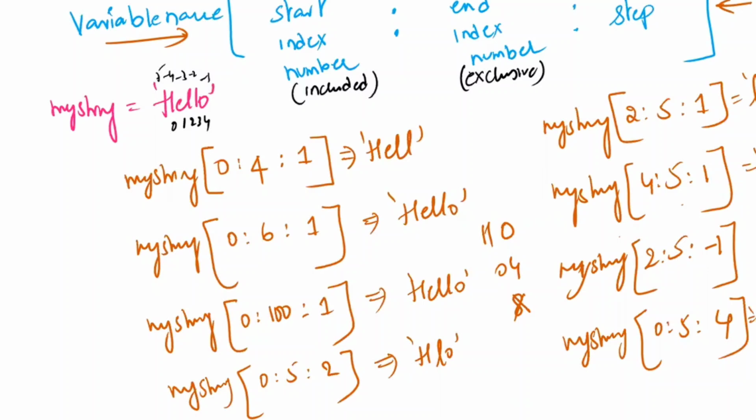Now, is that clear? Let me explain one more example. Please write. Up to here, you write. Still, I will explain with multiple examples.